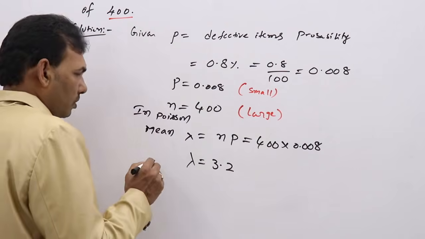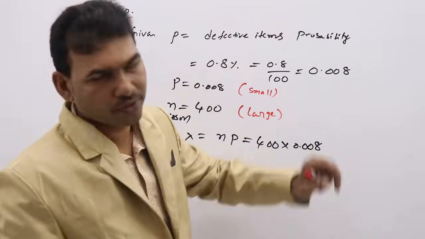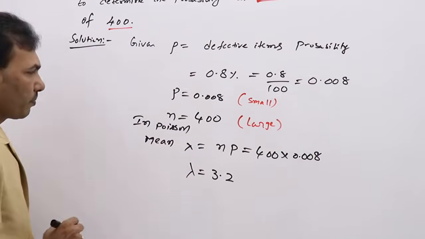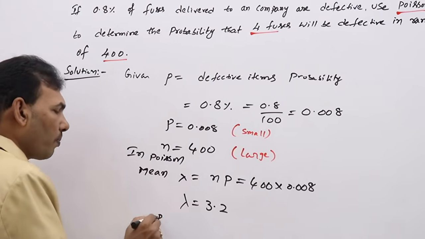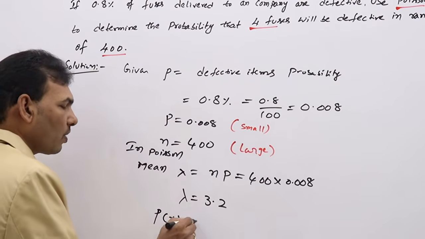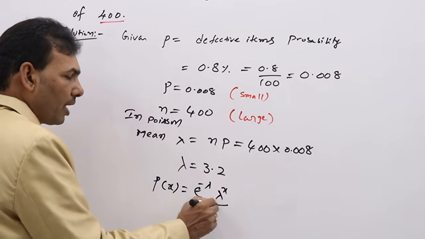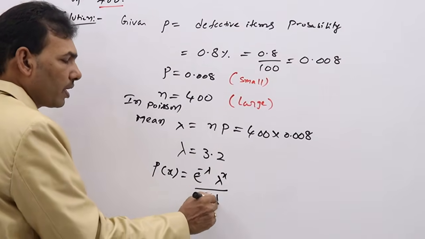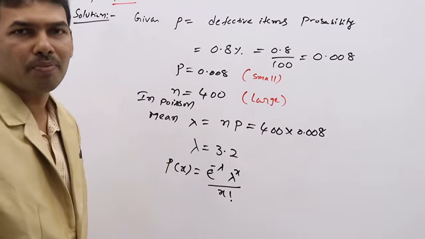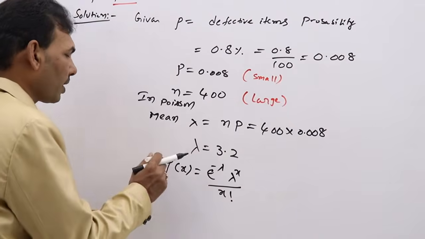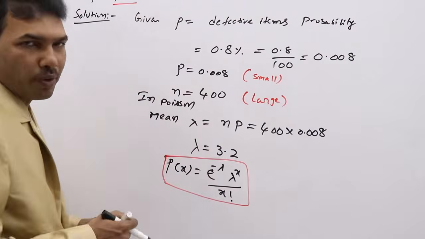Now we need to find the probability that 4 fuses are defective in a sample of 400. To find any probability in Poisson, probability of x has the formula e power minus lambda into lambda power x by x factorial. This is the formula in Poisson to find any probability.